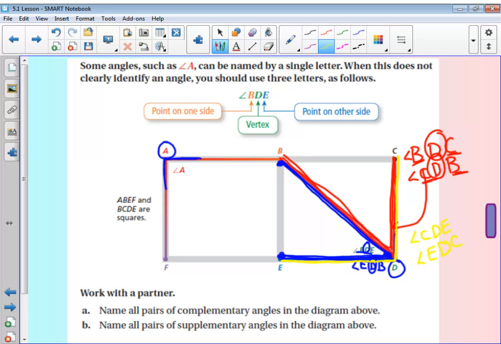Remember, it's like connecting the dots. You have to make sure you go in the order of that angle. You can't just put the three letters. If you're talking about D, D has to be in the middle of your letter combination, okay?